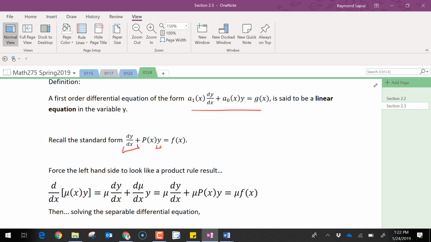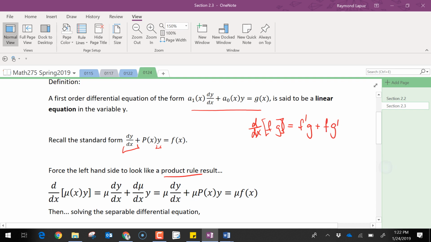And so what we want to do is, if you remember the, what's this called? Product rule. If you remember the product rule, d/dx of fg is equal to, what is it, the derivative of the first times the second plus the first times the derivative of the second, or some combination like that.